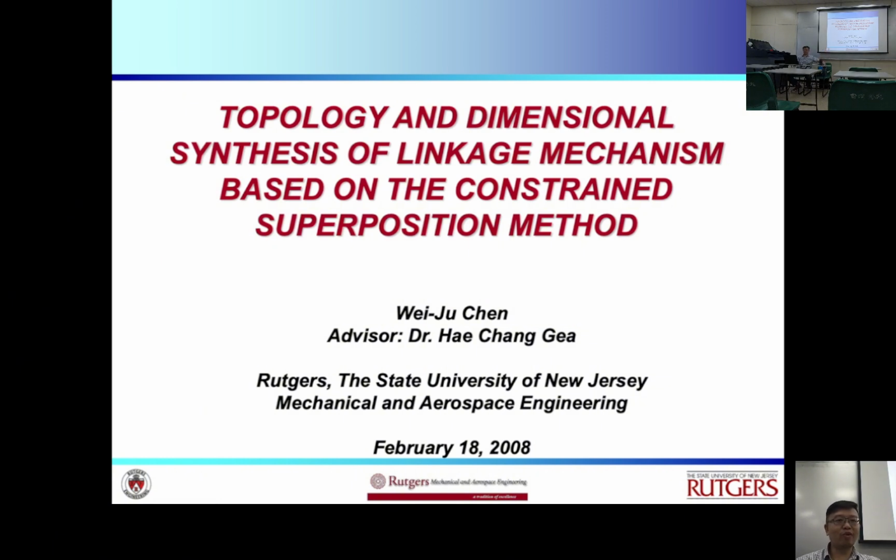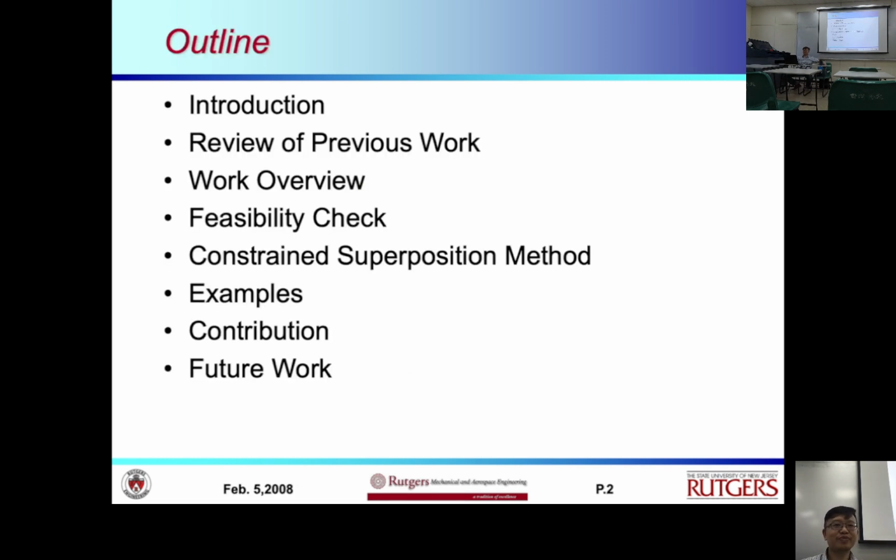Her name is Wei Ru, she's from National Cheng Kung University, and she went to Rutgers to study for her master's. This is her master's degree defense. She was doing mechanism design. My advisor Hai Chang Jia is my PhD advisor, so I'm his senior and she's my junior.